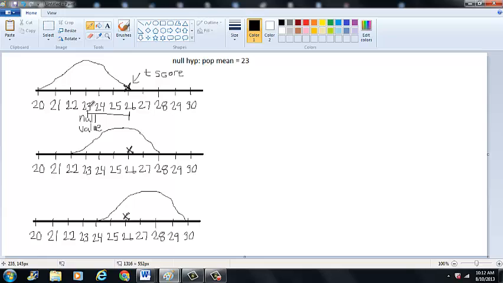And when we decide that the population mean equals a different value, what actually happens is our sample becomes more believable.